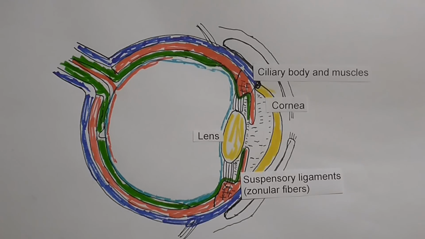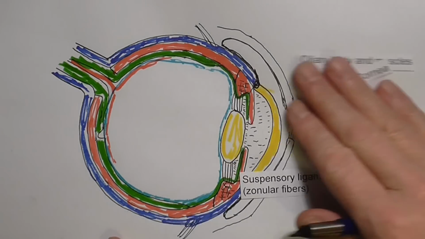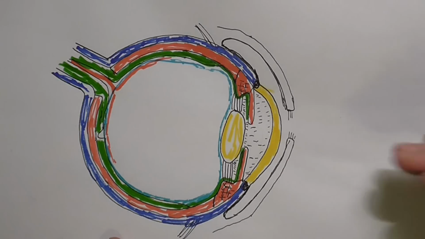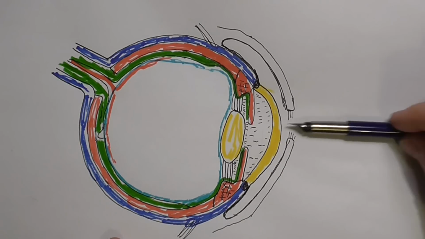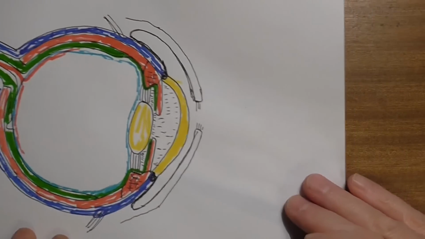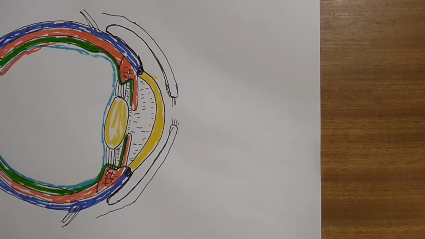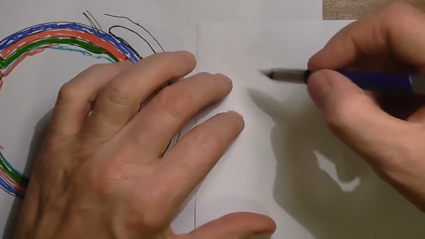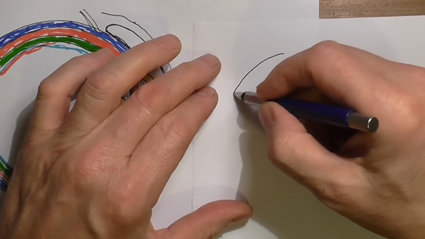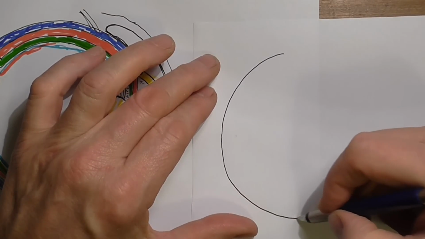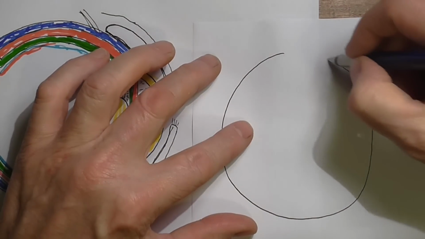Now to see what's happening, we need to look at this from the front. If we're viewing this in this direction here, then what we actually have is a ring of ciliary muscles comprising the ciliary body.